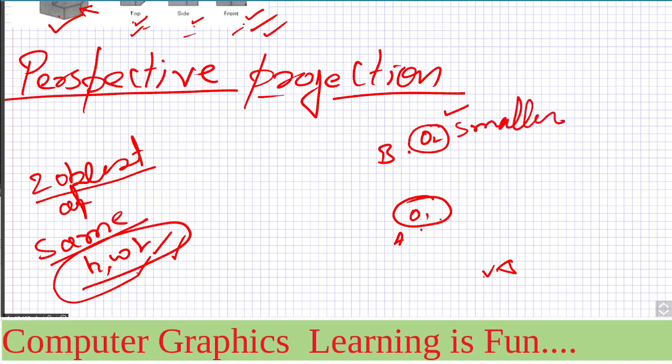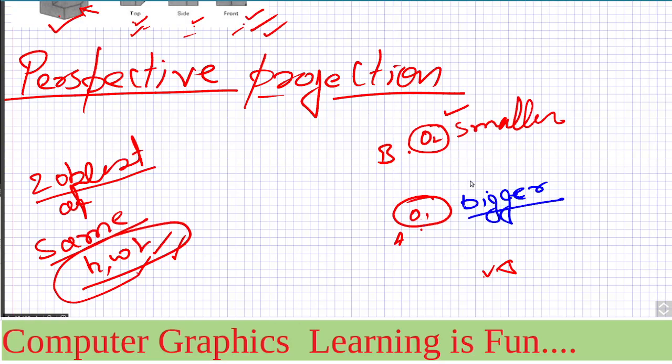However, the one which is near will look bigger. Do you agree? Does it happen? Can you tell me?